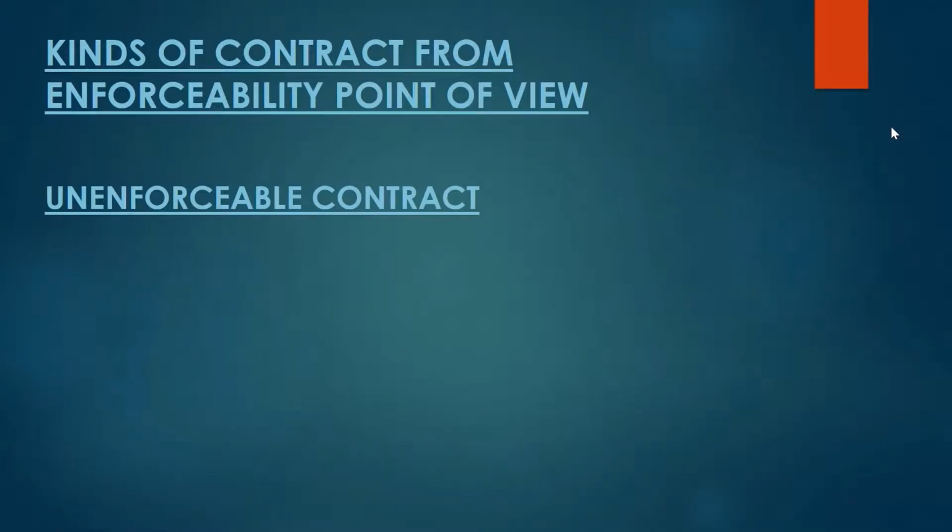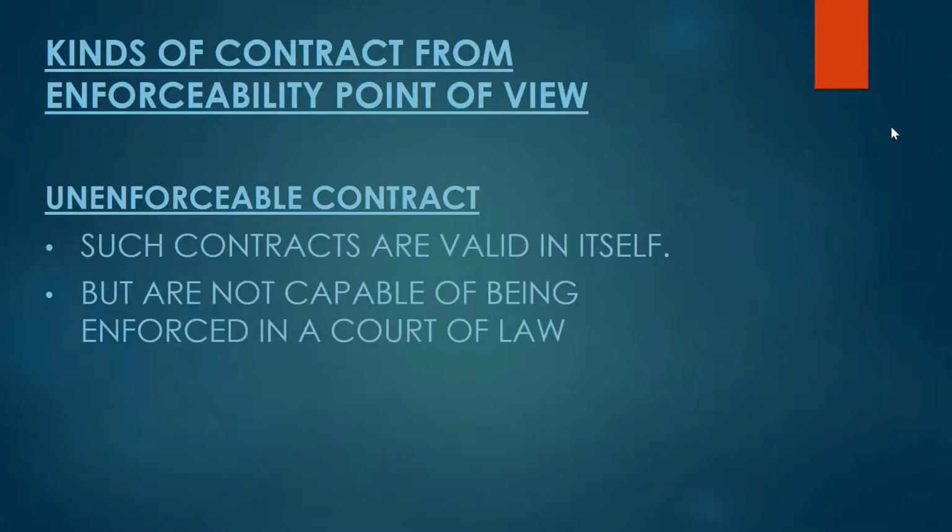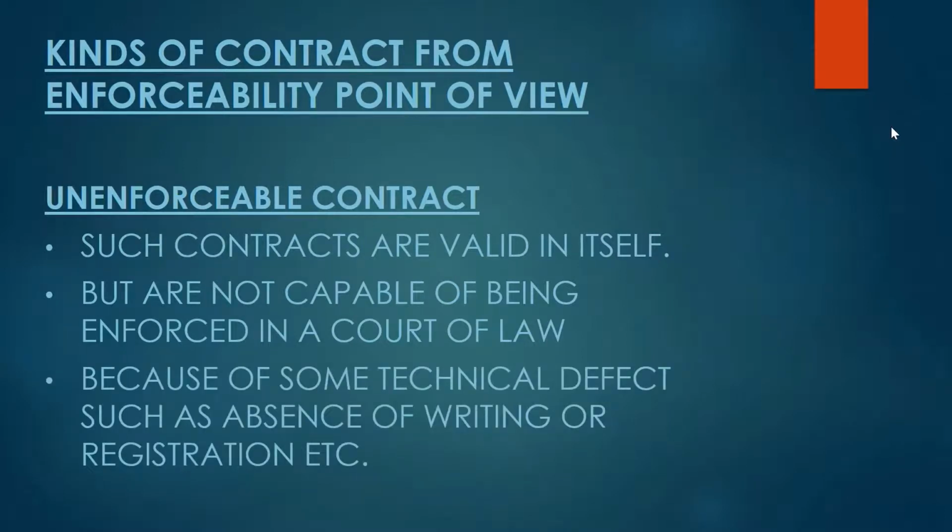Okay, so another type of void contract is unenforceable contract. These contracts are perfectly valid but still cannot be enforced in the court of law because some special legal requirement is missing. For example, Mr. A agrees to buy a house from Mr. B for 20 lakh rupees. This is a perfectly valid contract, right? It has a lawful offer, it has a lawful acceptance, it has consideration, it is for a lawful object, right?